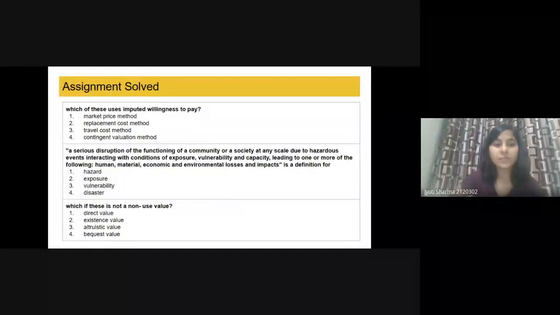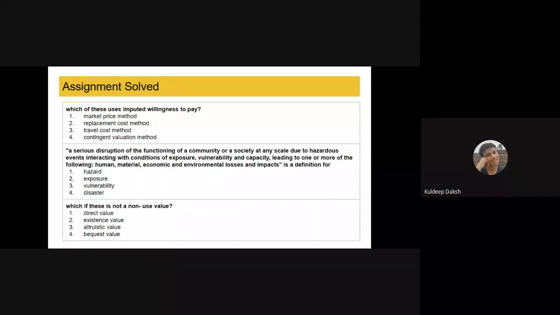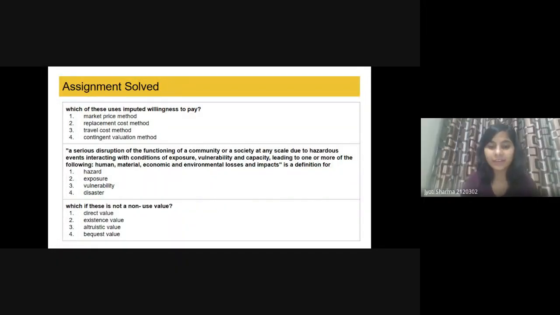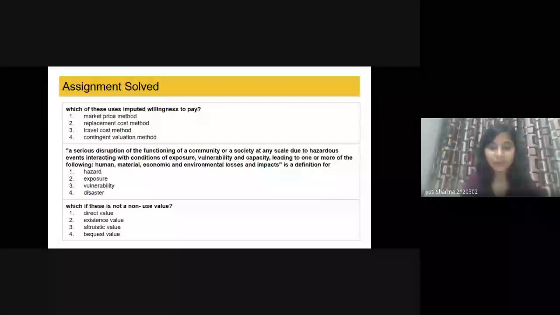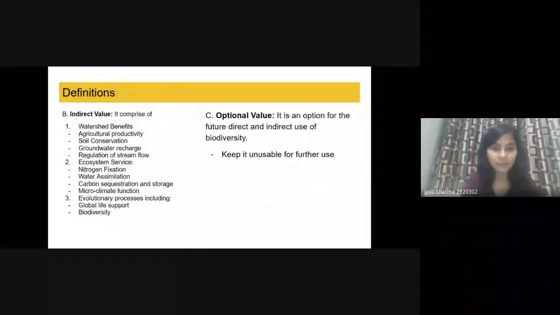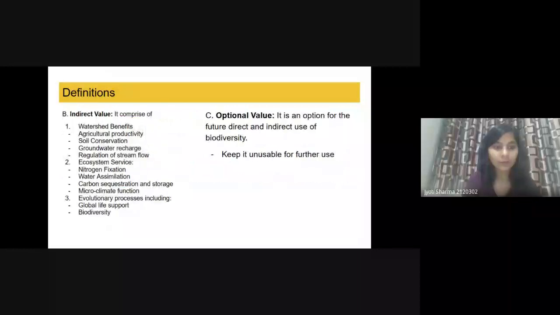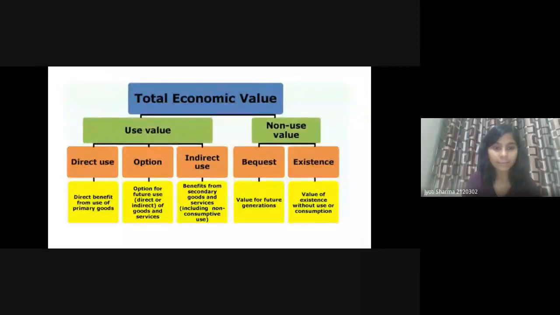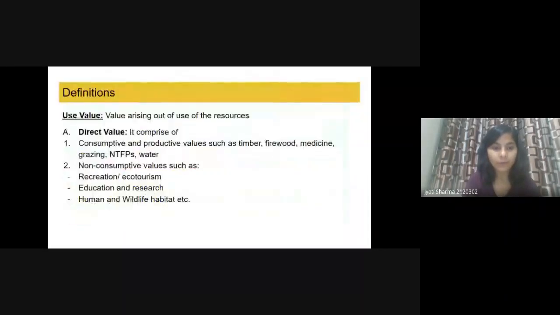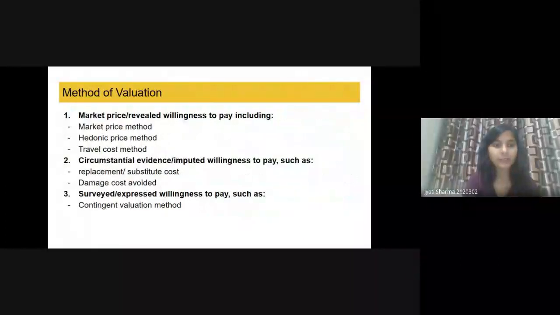Which of these uses imputed willingness to pay? I think I covered it very fast, so it may be difficult for you. Let me show you. Here we talked about the market price or revealed willingness to pay.